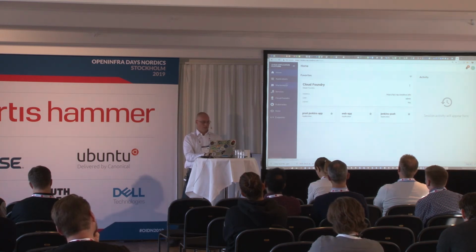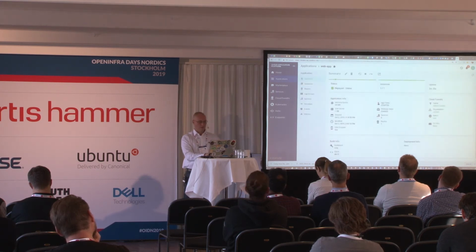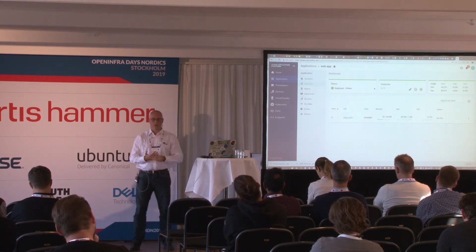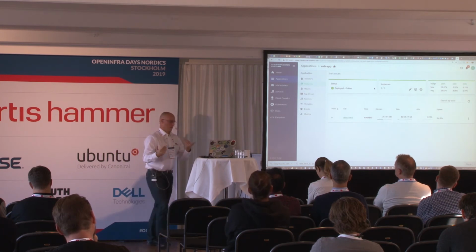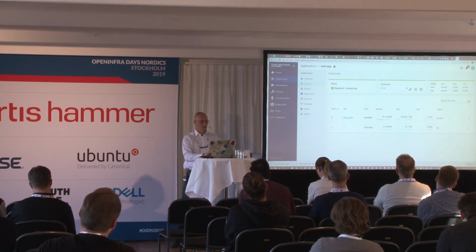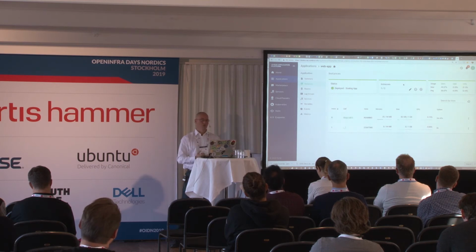So we can see the applications here. We have the web app here with the information about it, so you can see how many instances. If you have created an application as a 12-factor app, it's very simple. You just push up here, and then you have 2 instances of it if you have extra burden on it. Or you can create rules that do it automatically for you.